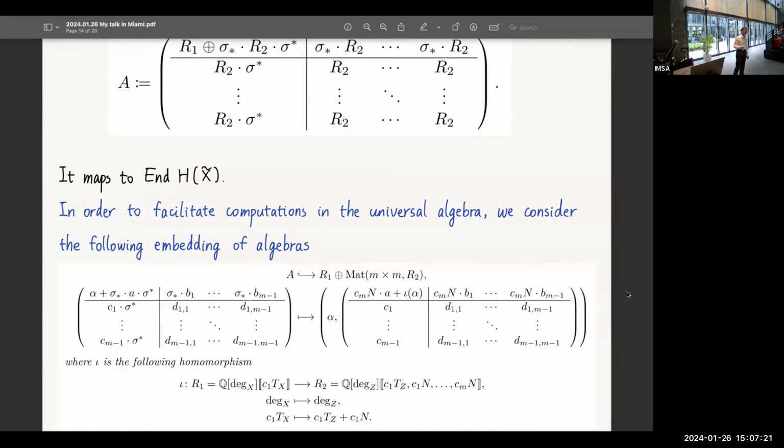We have this element in the universal algebra, and we put this alpha in R1, and then we take Cm of n times A. Here we have sigma upper star times A times sigma lower star.